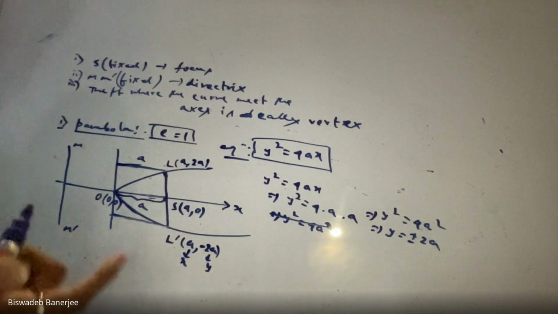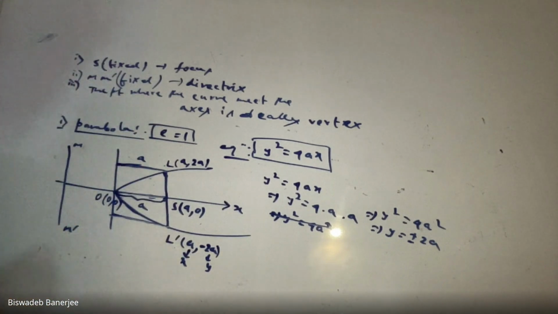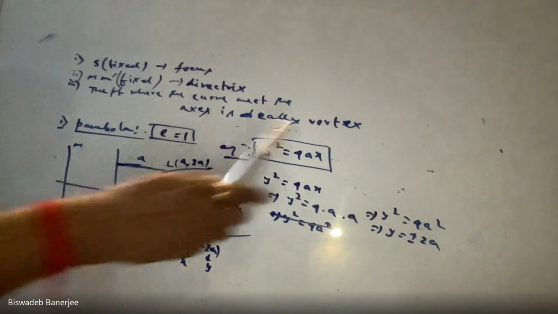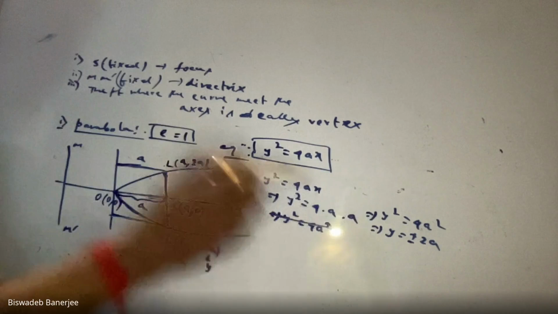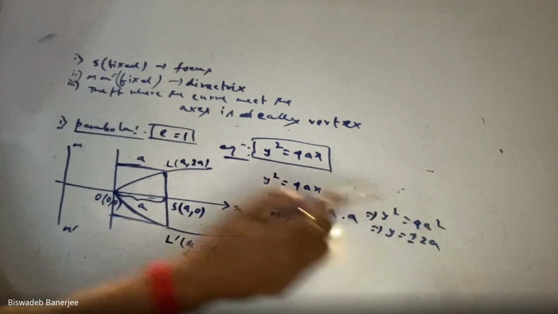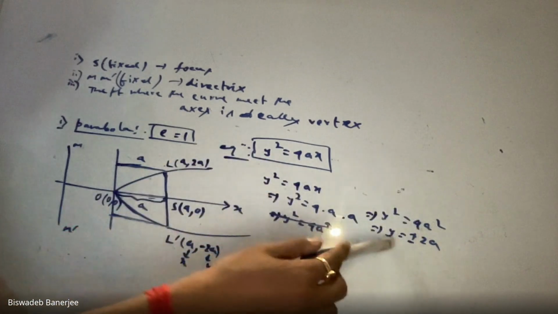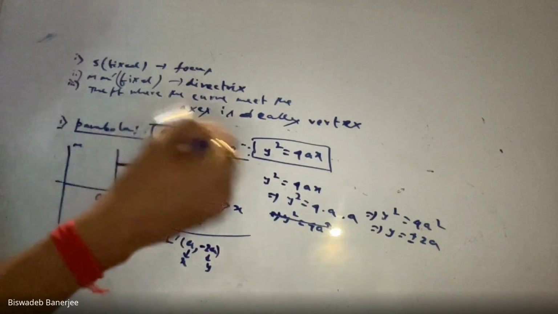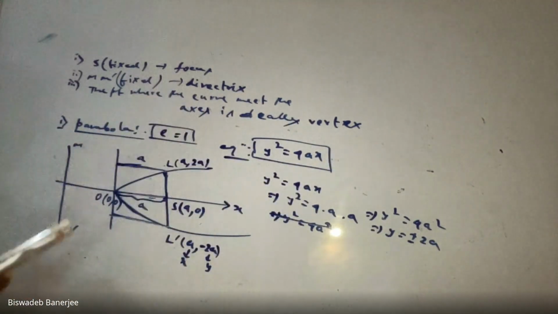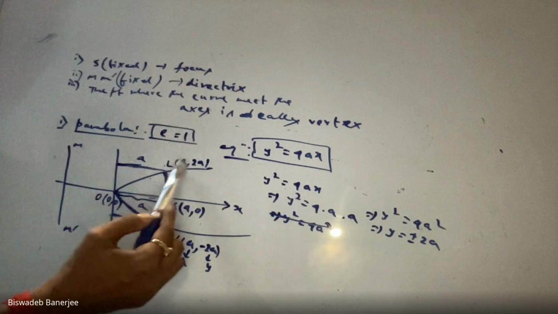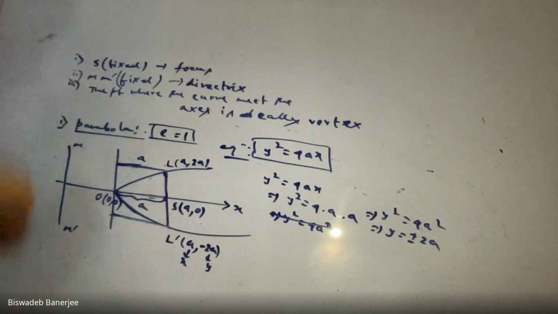We know this basic theory from school level. So after calculation, putting x equal to a, a into a gives a square, so y square becomes 4a square and y becomes plus minus 2a after taking the square root. So the coordinates of L are (a, 2a) and (a, minus 2a).